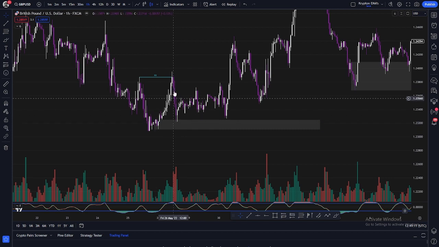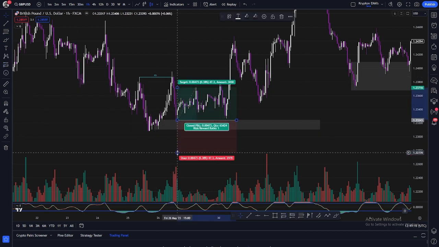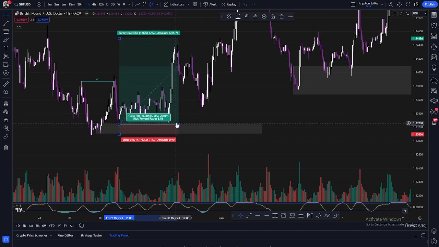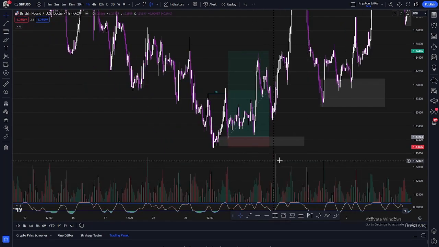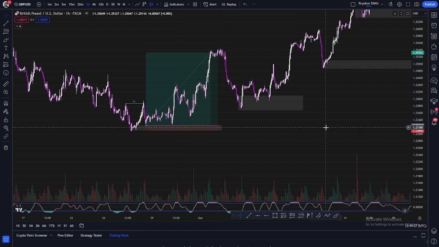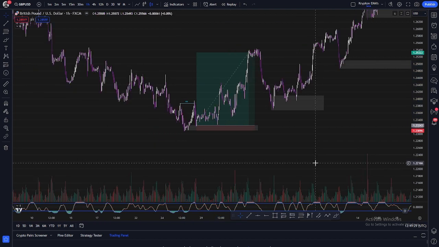So this is a great order block. You enter a trade right here at the top of the order block, which I believe I did, and then you can see we run it up to Valhalla, essentially, all the way up to here.